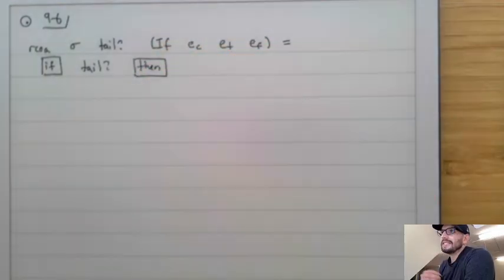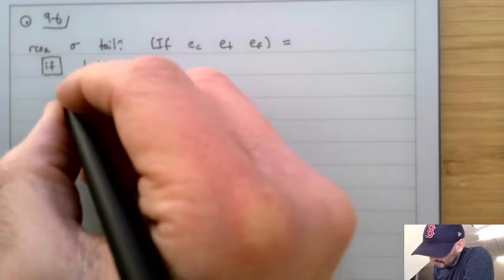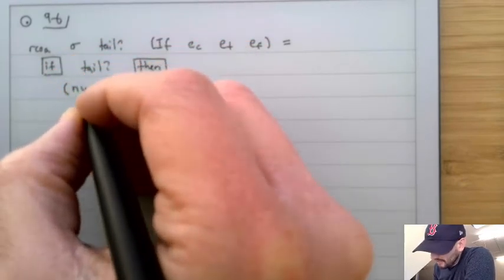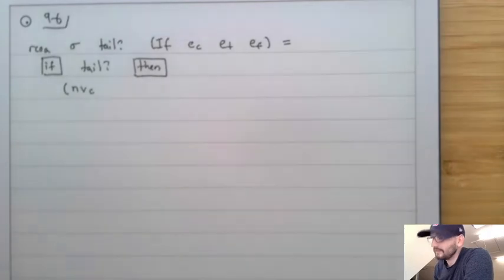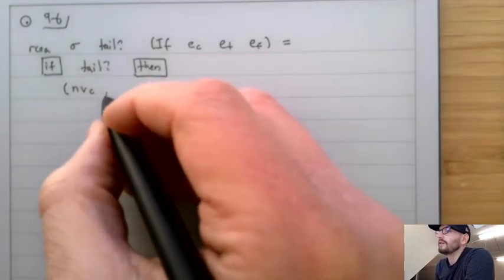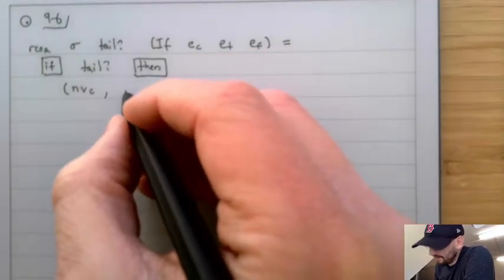So if it's in tail position, then what we're going to do is we're going to return the new variables for the conditional, and we're going to return what we're going to call if prime.